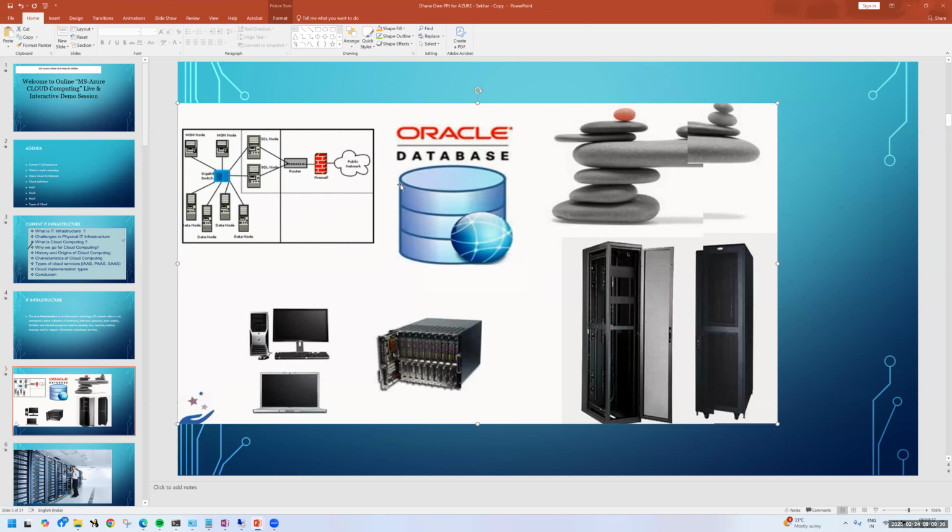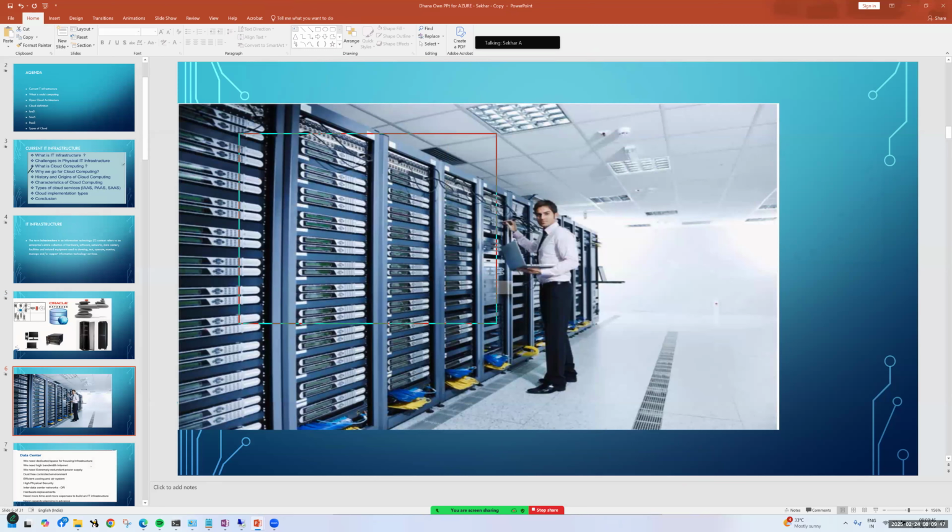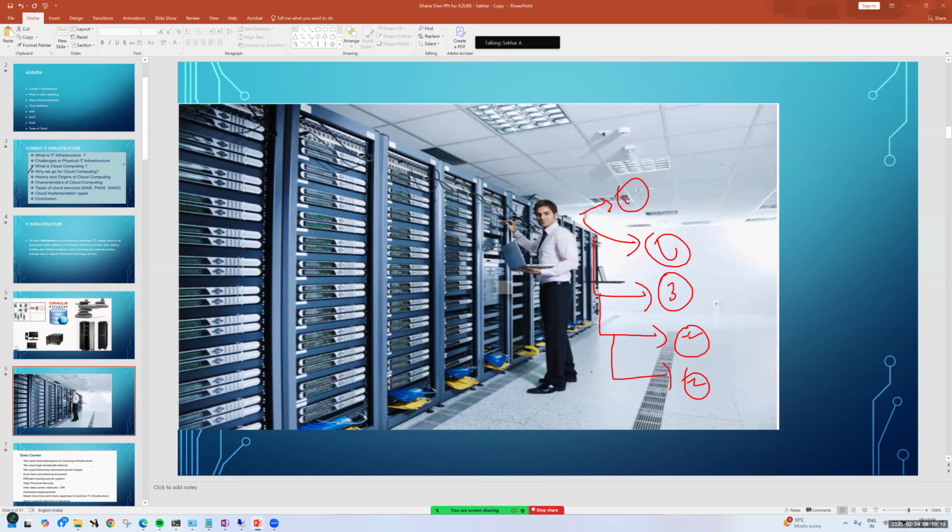Then why are they moving to cloud computing? First, because the maintenance cost is very high. To maintain a data center, we have to spend a lot of time and budget, and there are a lot of issues. We need to purchase the land, design the data center, maintain physical security, hardware security, data security, and space.